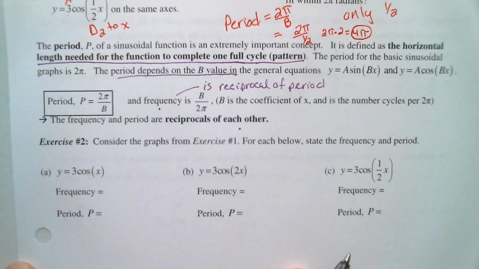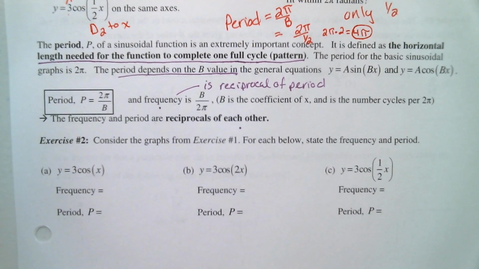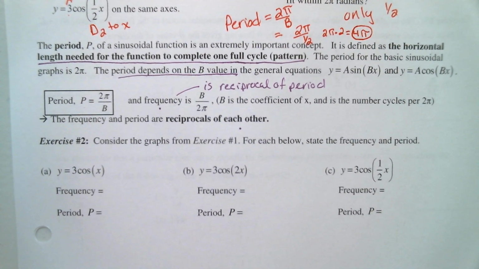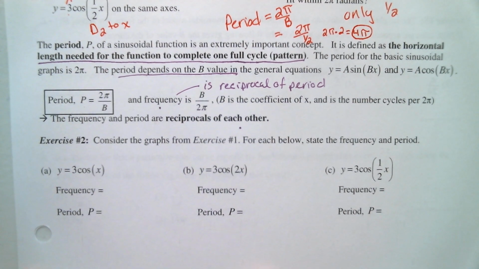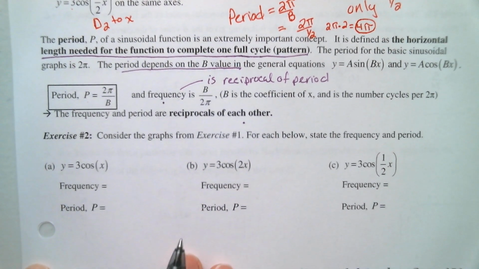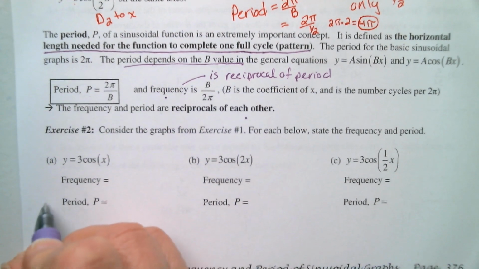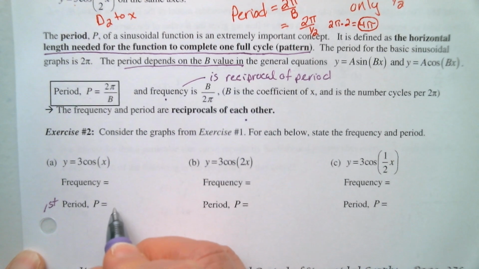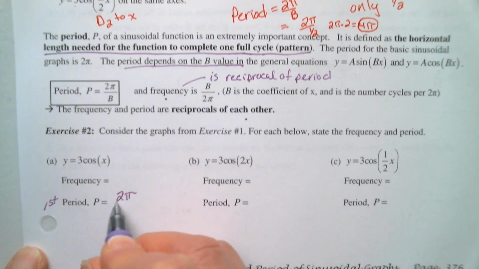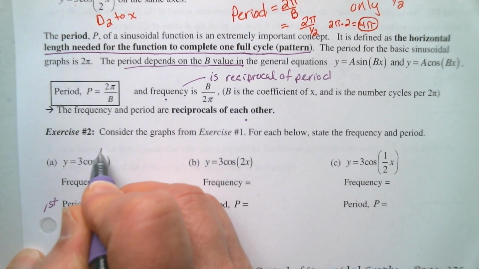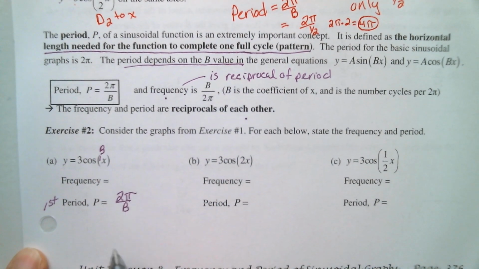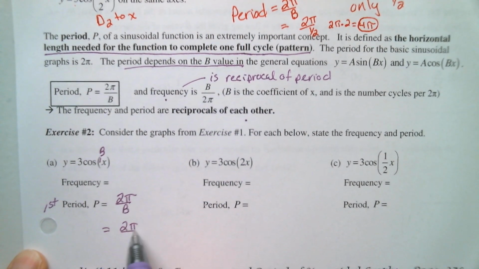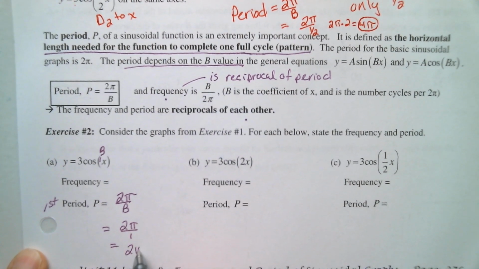In exercise number 2, we want to consider the graphs from exercise number 1. For each below, state the frequency and the period. Okay, so we're first going to state the period. Period is equal to 2 pi over b. Our b value here is 1. So 2 pi over 1 is 2 pi.